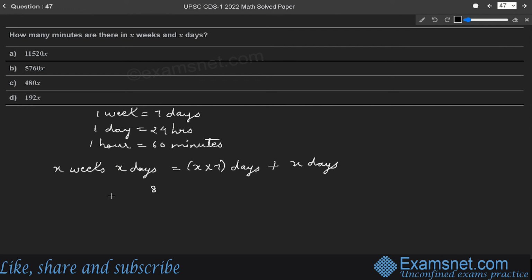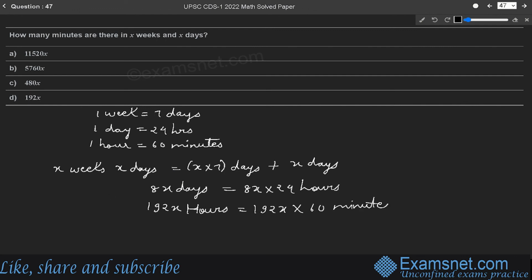So 8x days is equal to 8x into 24 hours. On further solving, it will be 192x hours is equal to 192x into 60 minutes.